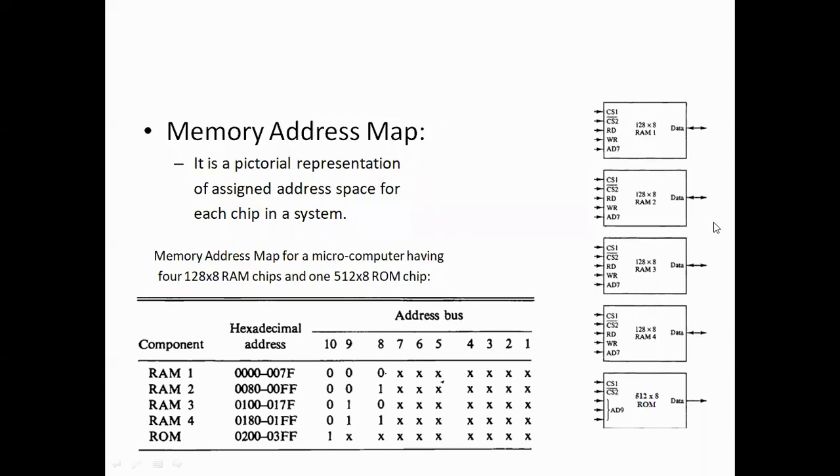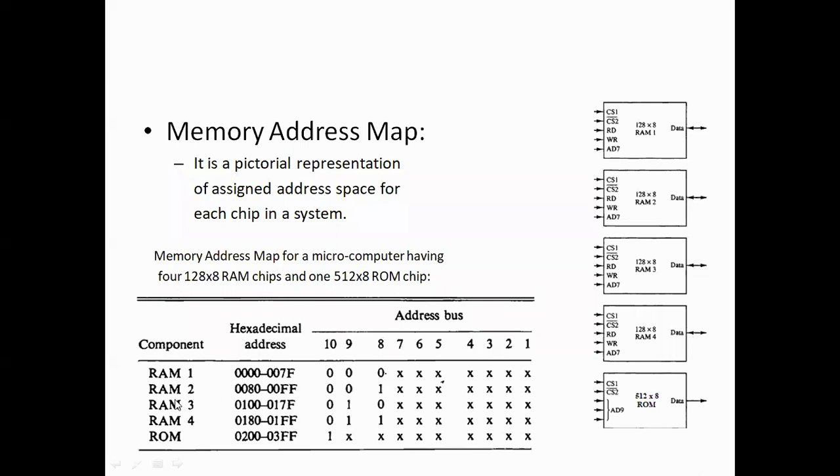We can also cross check this, because the total size of this whole memory is 1024 into 8. 1024 implies 10 address lines. So we can cross check that there will be 10 address lines in total for this whole system.